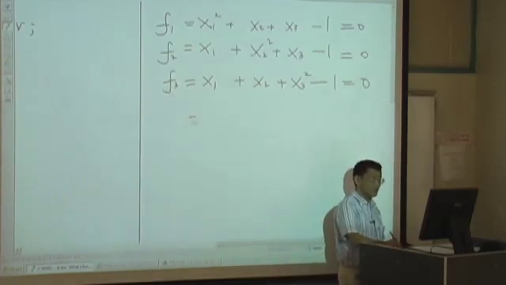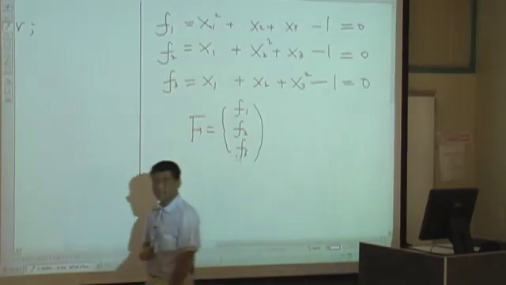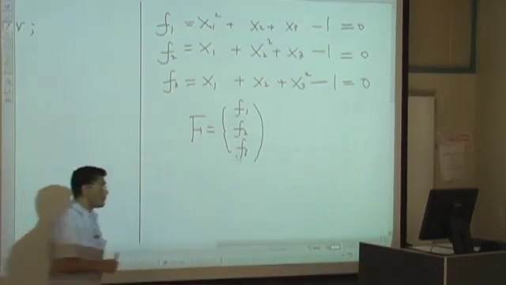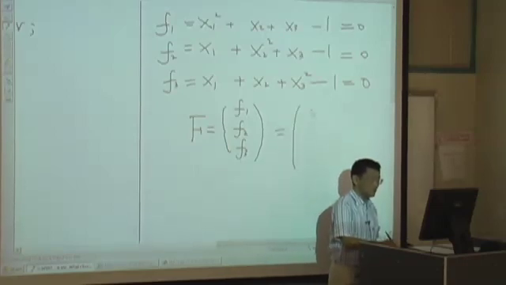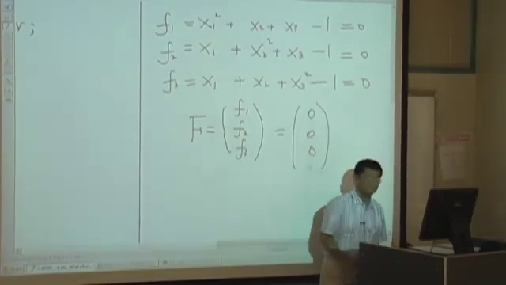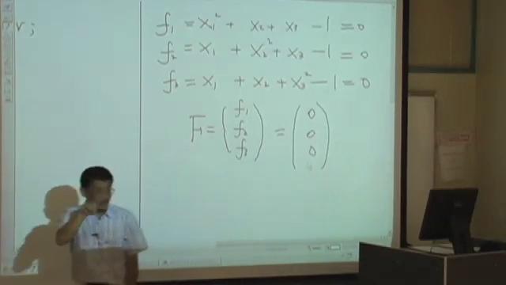Then we create the vector function. Then what you want to solve is this vector function equals 0, right? So this is the one we want to solve. Then Newton's method finds zeros, right?